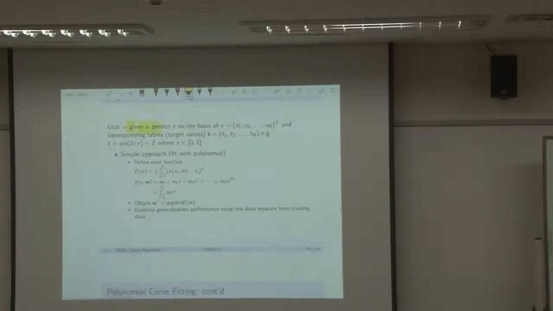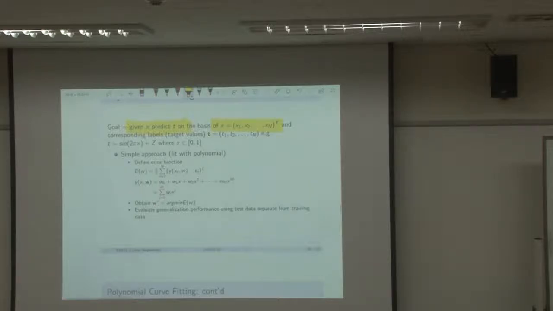You're given X and you want to predict T, which is the label, on the basis of this. So the input is n-dimensional and it's a column vector.